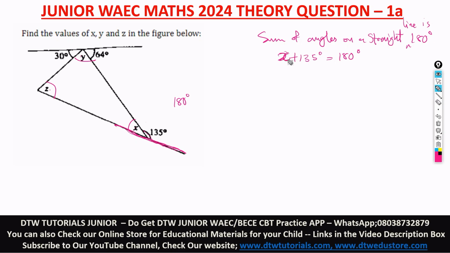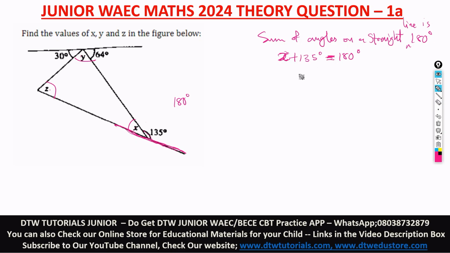So how do you find x? Just simply take this positive 135 degrees to the other side. Remember, when you're crossing a positive number over this equal to sign bridge, what happens? The sign changes. Or you can also say you subtract 135 from both sides, but I prefer crossing the bridge.